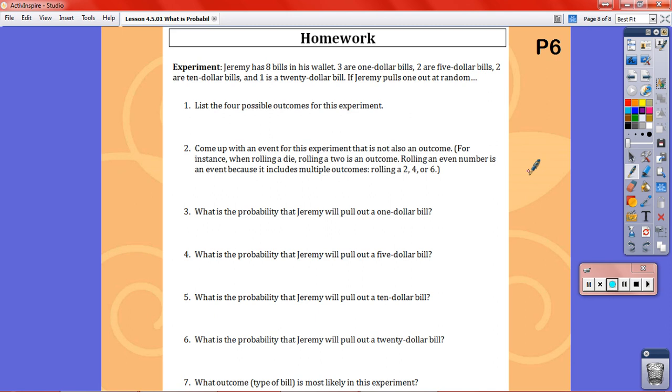For this, you could choose an event such as a bill that has a value of greater than $5 or a bill that has an even numbered value, just something that would have more than one outcome. And the rest of it should be fairly easy to solve on your own, I think.